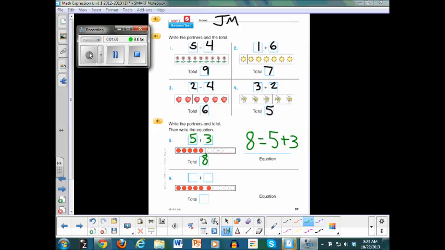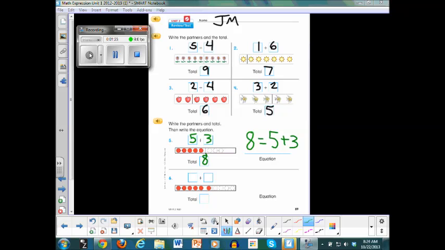Are you a puzzled penguin? 5 plus 3 is not, I'm sorry, 8 plus 3 is not 5. 8 plus 3 is 11. If you're doing your total first, you have to have the big number first, the total first.